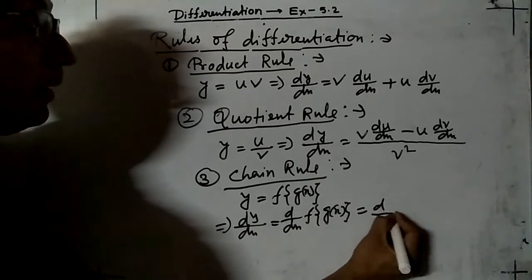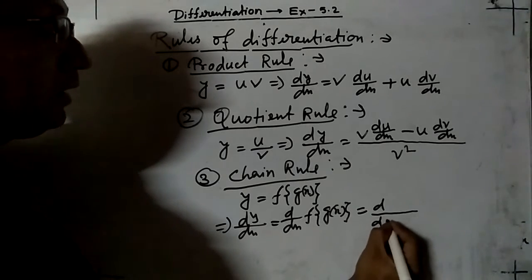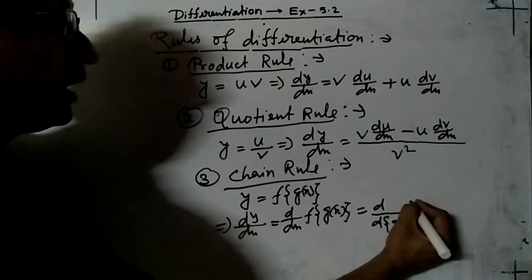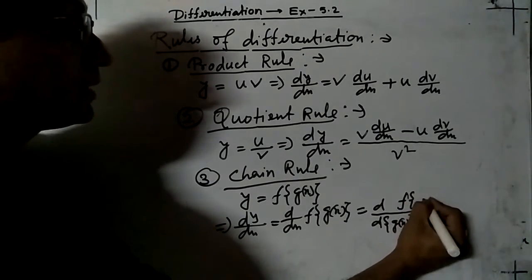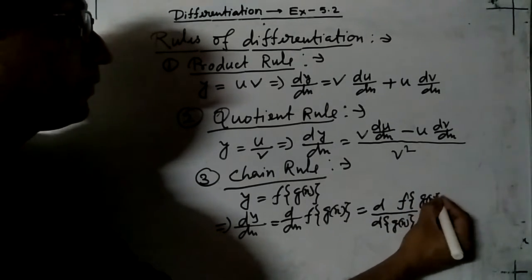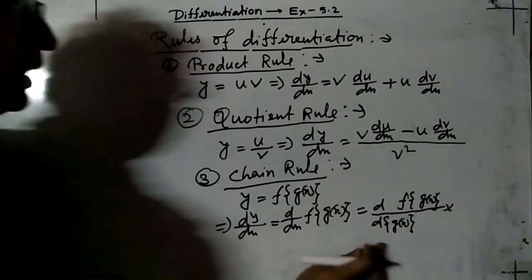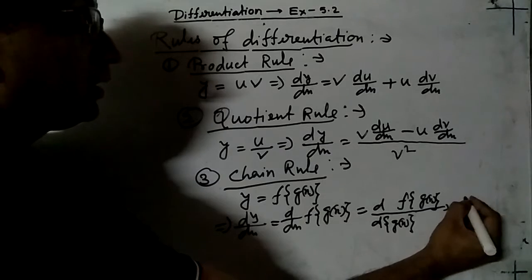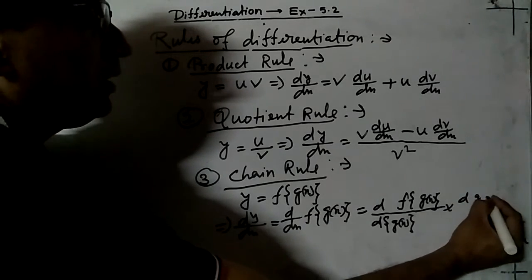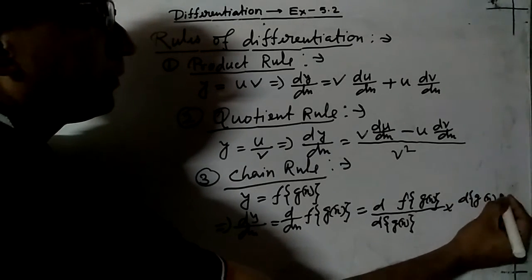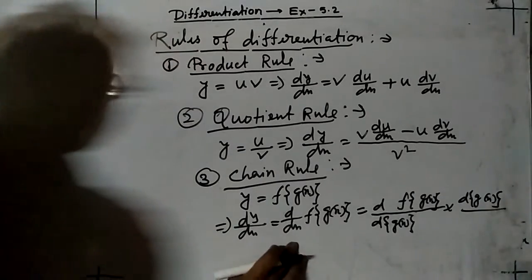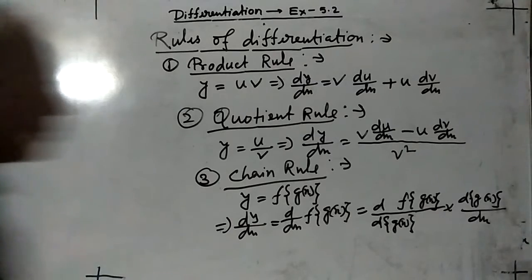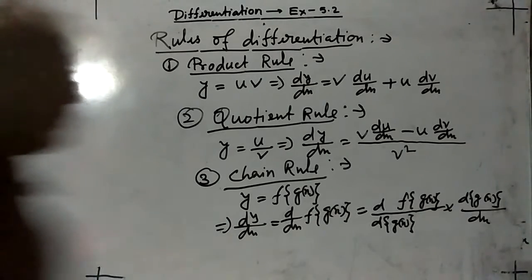Write d by d g(x), with respect to g(x) first differentiate, then you will be able to differentiate it, into, since it was not here, d of g(x), so we have to multiply d g(x) by dx. A dx was here, so again you have to write dx. Like that you can make more chain. That is called chain rule.